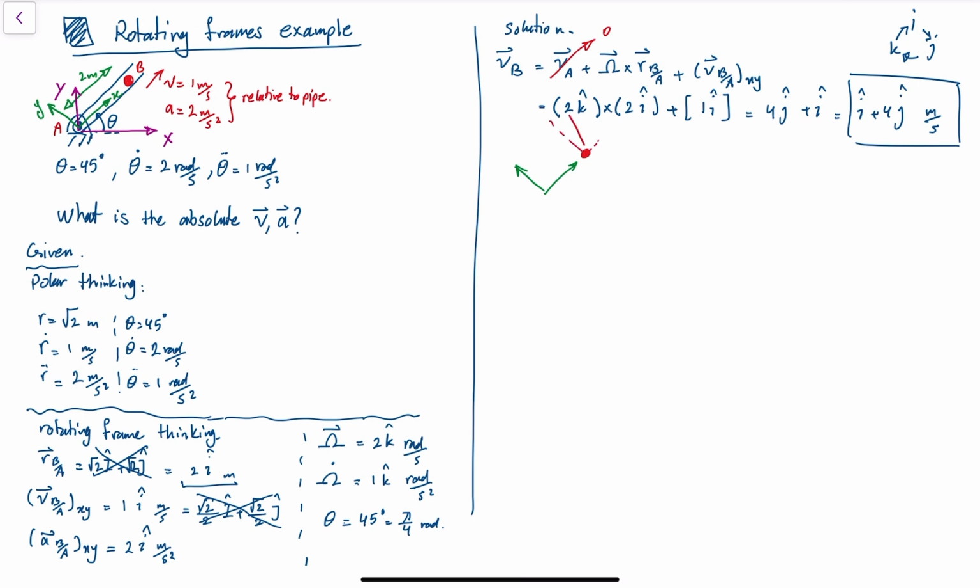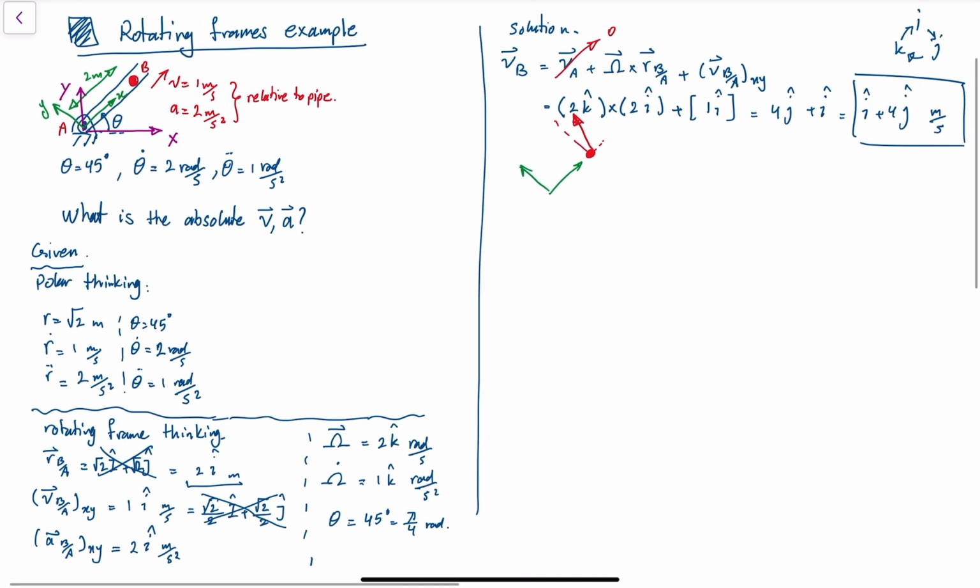So this is the velocity, which, if you know that little i has some components along big I and big J, you can convert to a velocity vector expressed in the big XY frame, but we don't need that. This is enough. So this is 4, this is 1.